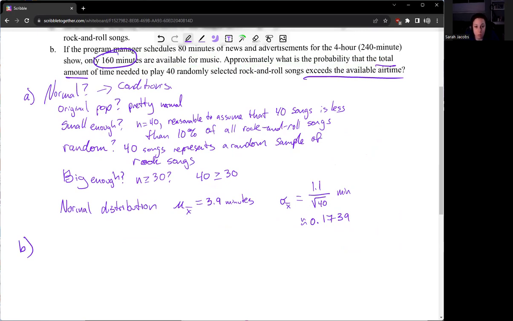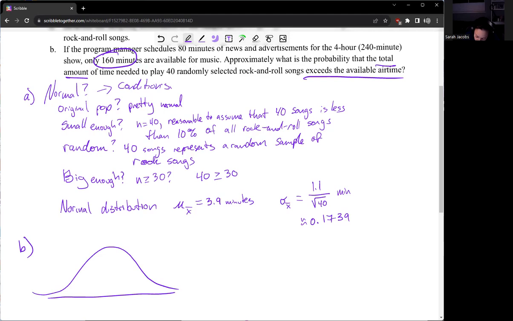So we could do this in two ways. Personally, I'm going to think about it in terms of the 160 minutes. And when in doubt, draw it out. So here is my normal curve.